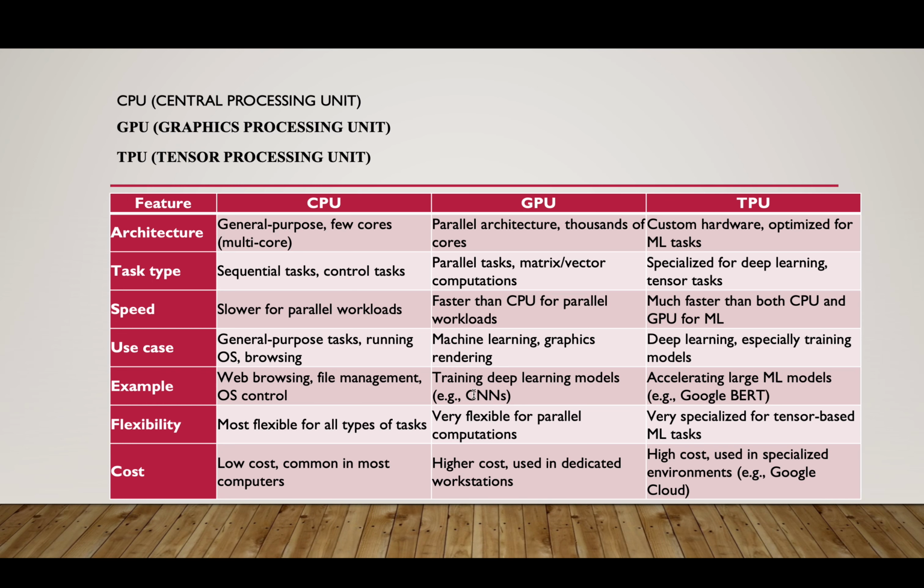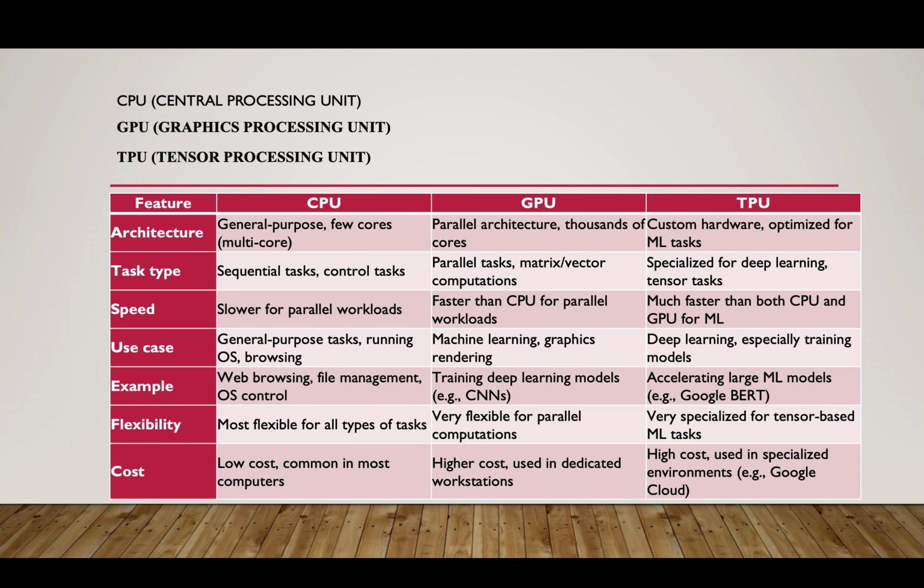High scale machine learning models: TPUs excel in workloads that involve massive parallel computation, such as training large neural networks. Google Cloud TPUs are available in Google Cloud for use in large scale machine learning projects.